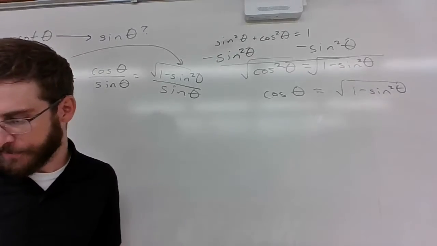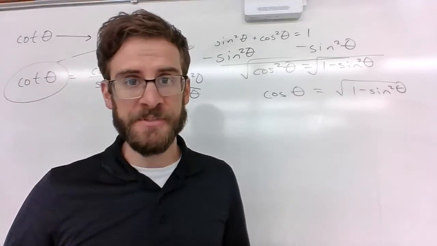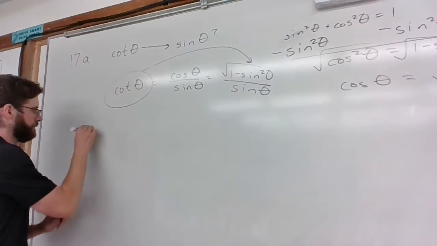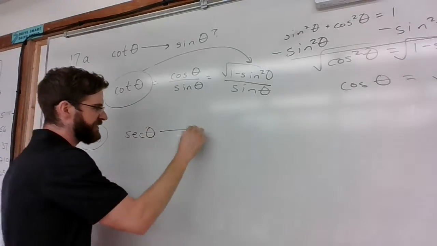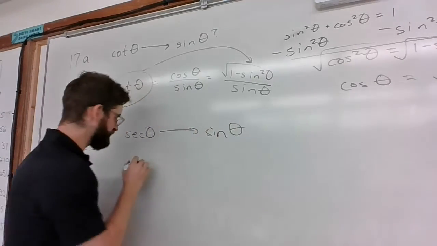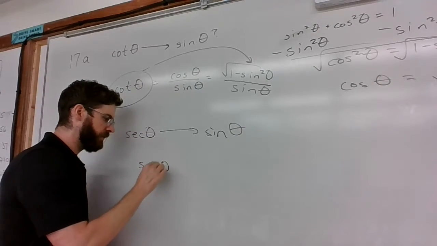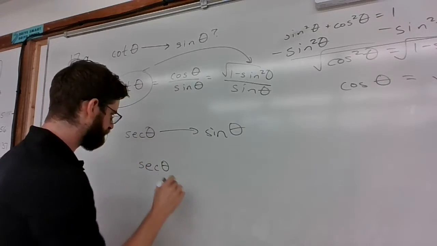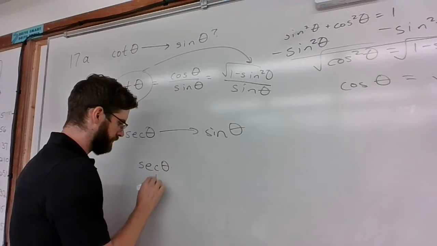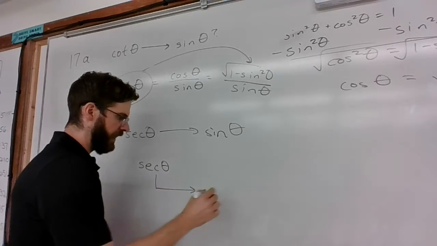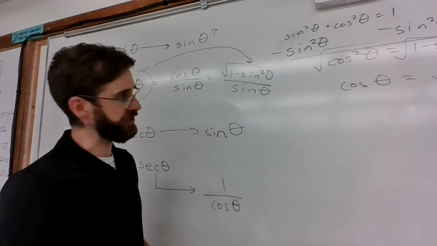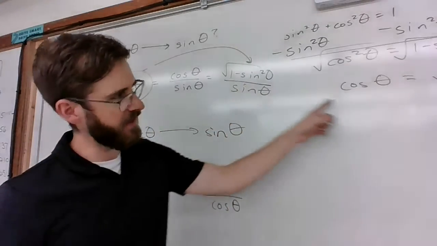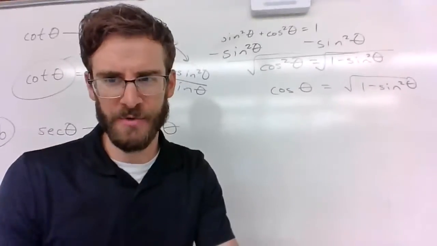I'll show you one more from number 17. Part B says go from secant to sine. So to go from secant to sine, what should we do? We could just make it 1 over cosine, couldn't we? And then just do that. That's a little bit boring, though, right? We know what cosine is already.